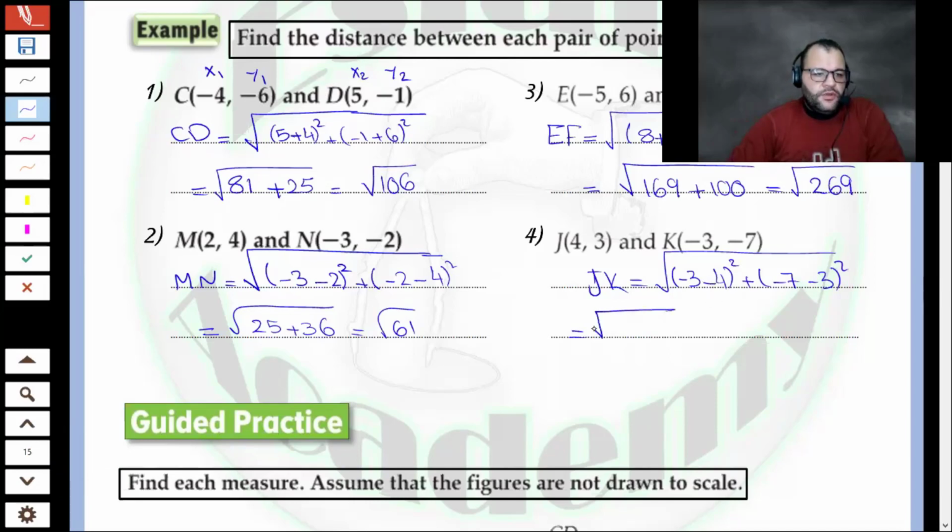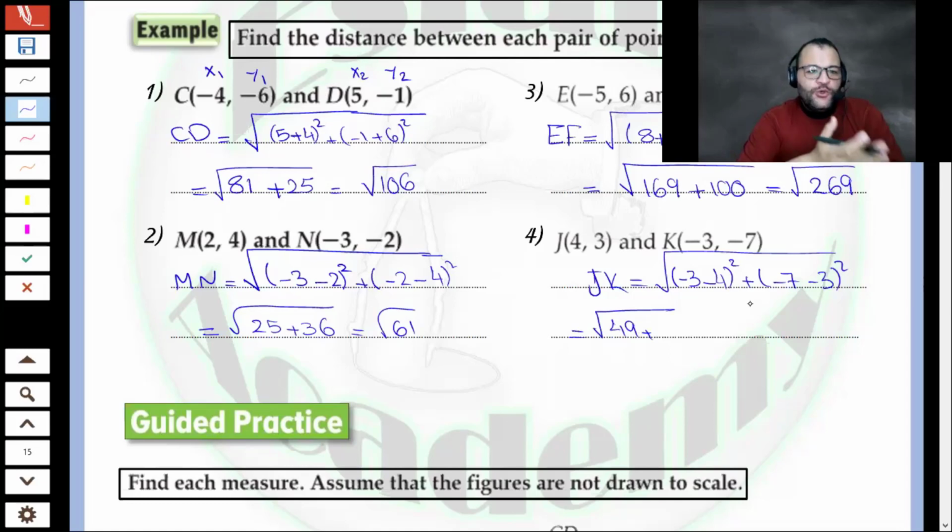The square root of 49 plus negative 7 minus negative 3... How 81? Negative 7 and negative 3 is 10, not 100.